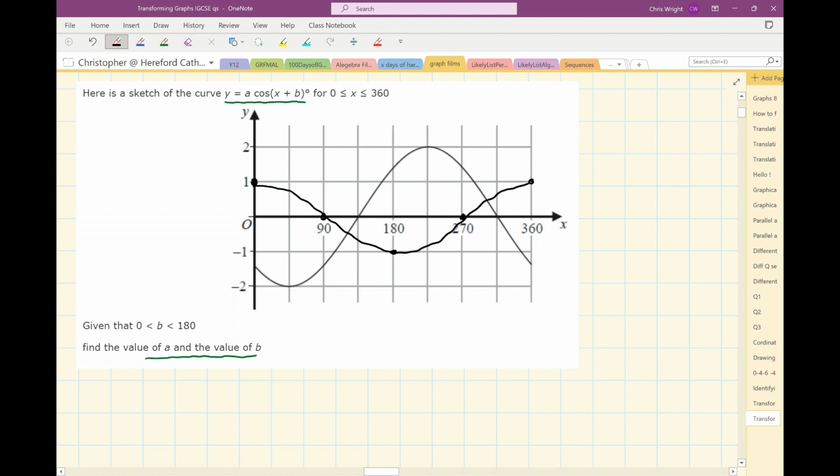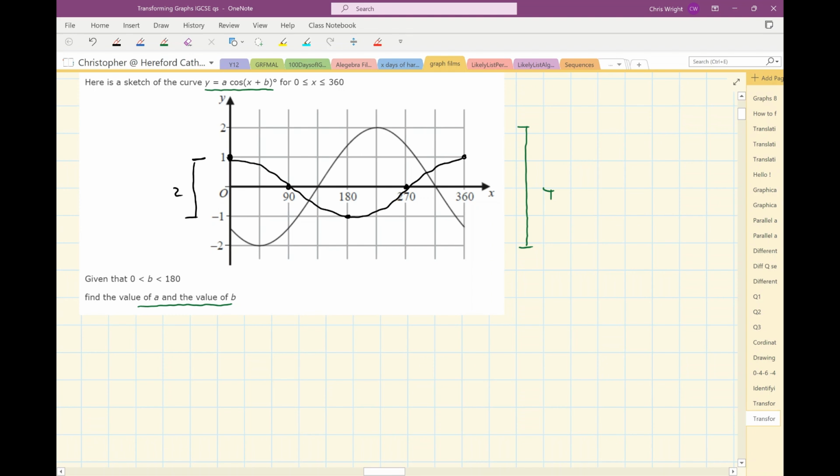The range of y equals cos of x is 2, and the range of my target curve is 4. So the range is doubled. So that means that my target curve is a stretch of the original curve by a factor of 2 in the y direction. So far I know that my target curve is y equals 2 cos of x.